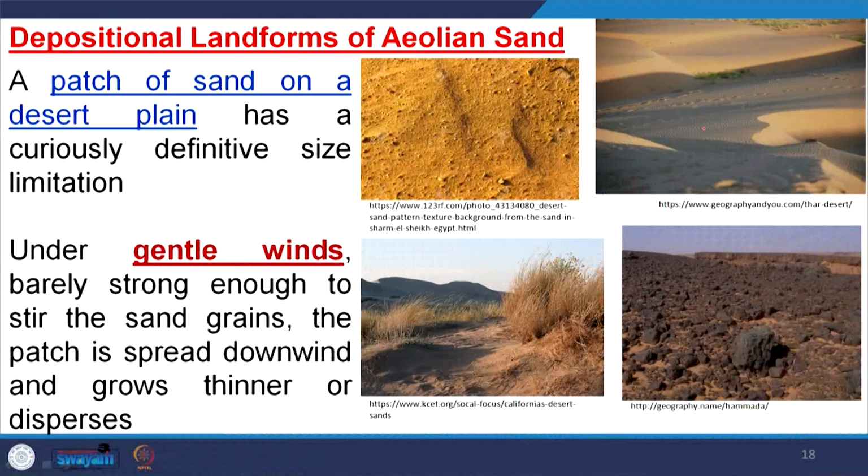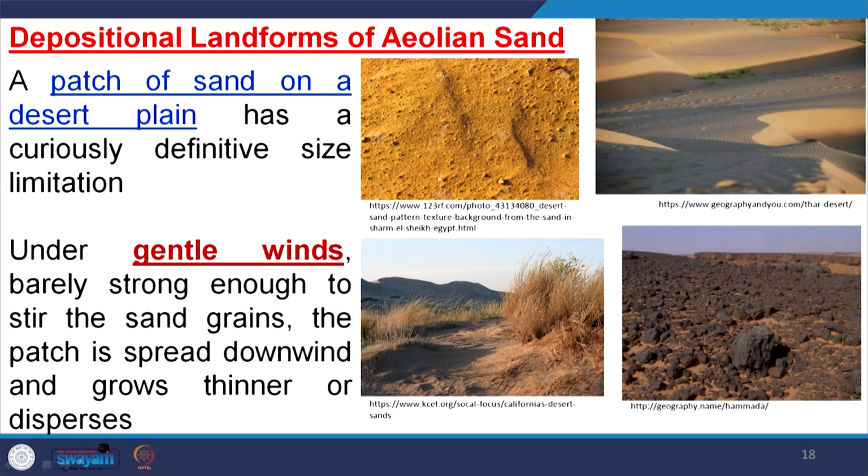Those are the erosional processes, and from now onward we will discuss the depositional landforms. That means the material removed by the wind will be transported and deposited in a place, and that is called deposited material or the depositional landforms.